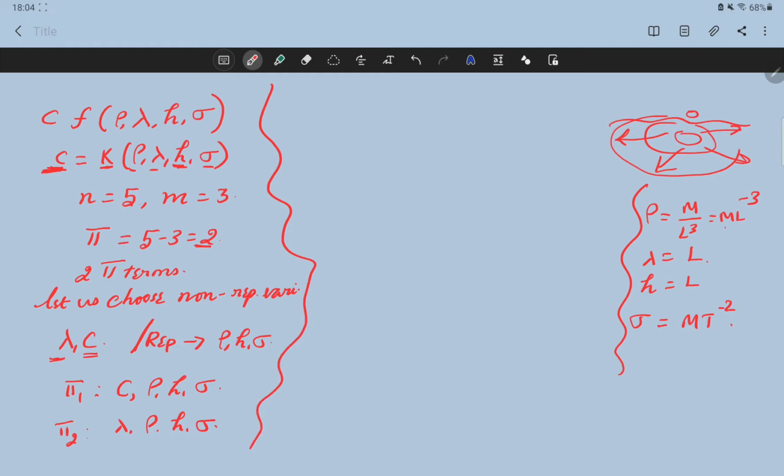So now let us take the pi 1 term. What do we have in the pi 1 term? Let us write all the dimensions of the pi 1 term. So pi 1 is m power 0, l power 0, t power 0.